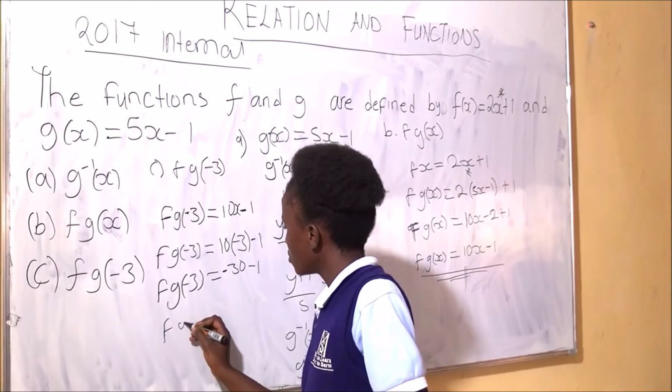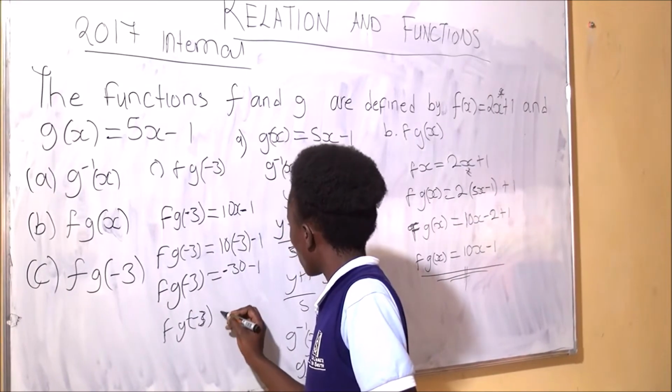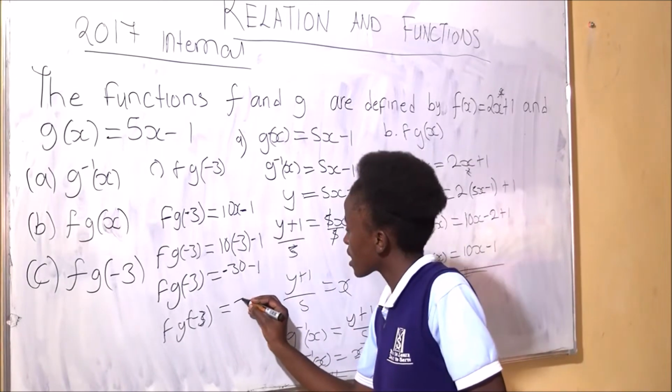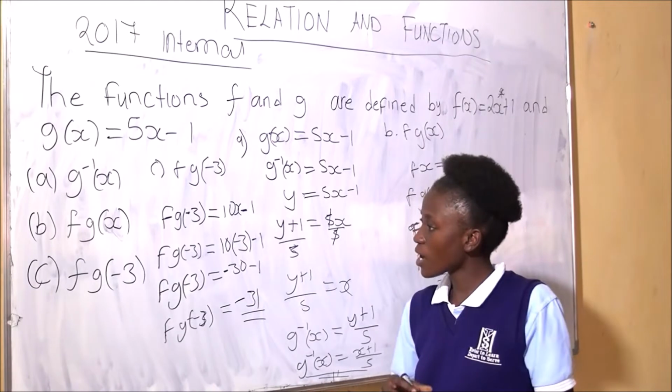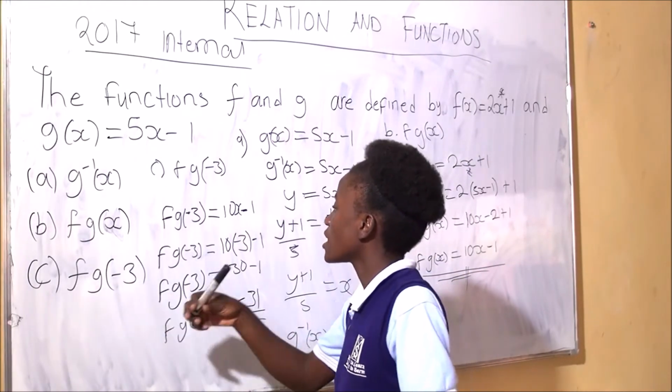Then f of g of negative 3 will be equal to negative 31. Then we have succeeded in finding our f of g of negative 3.